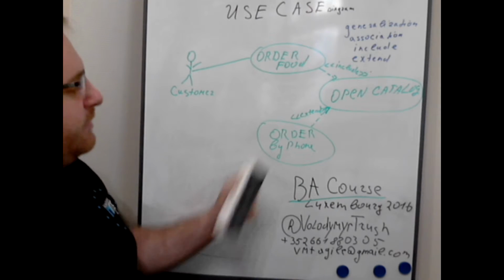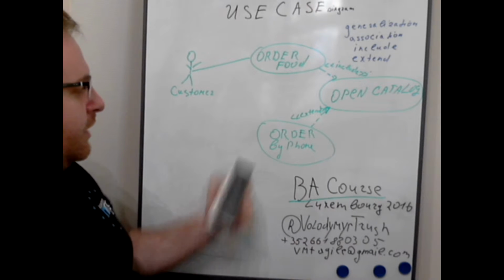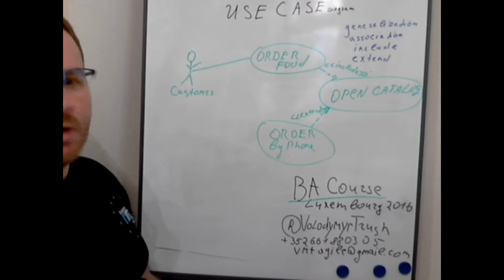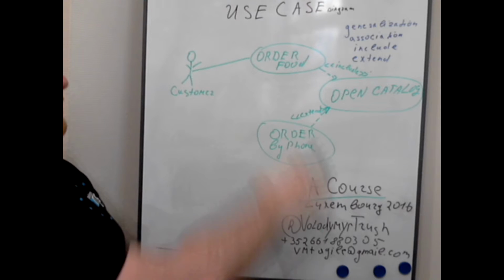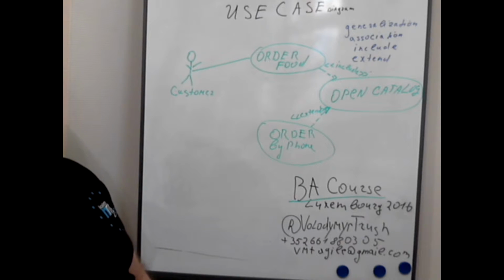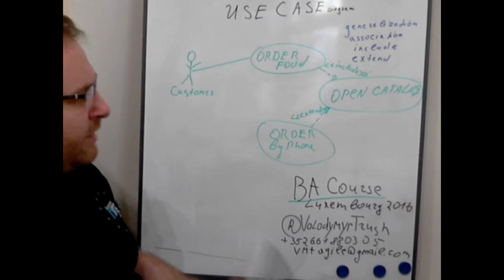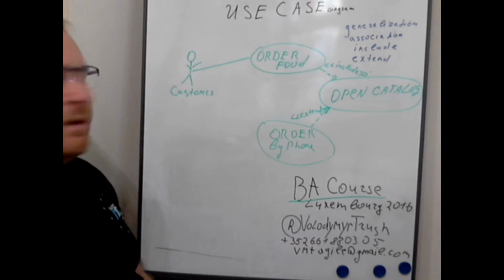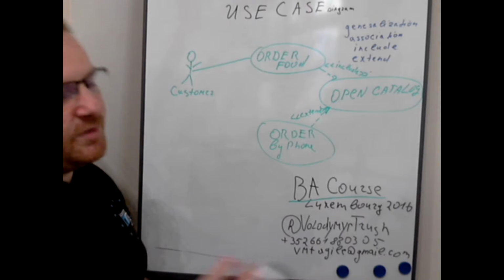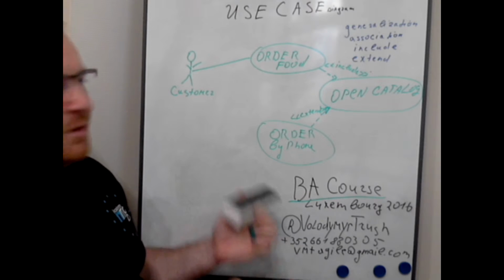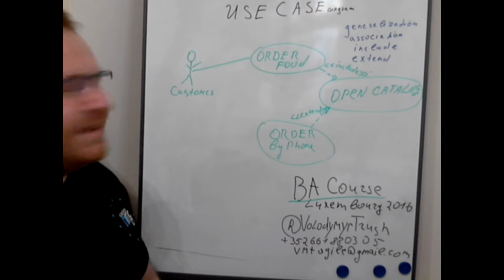That means that this step is not mandatory, but it's possible. It's also possible in our system. This is how we use the extend option when we are drawing the system. Alright? So again, just to summarize everything. When we have mandatory steps, it's always include. When we have something that is possible but not mandatory, that's always extend. Perfect. Now you know almost 70% of what is needed.